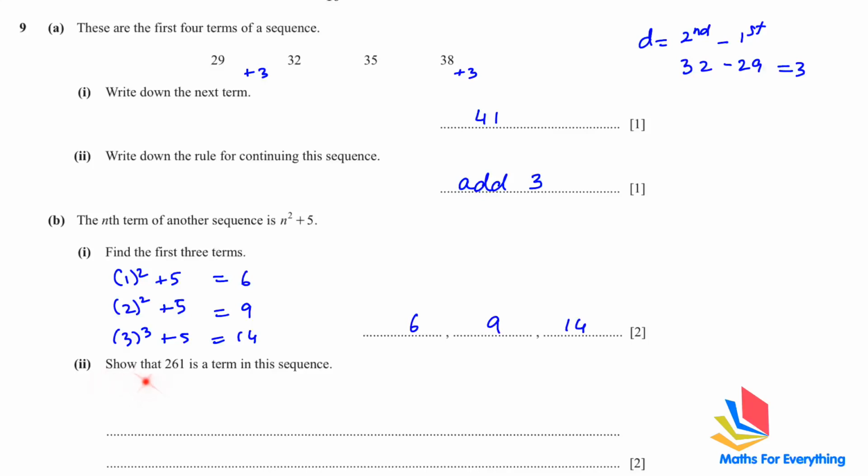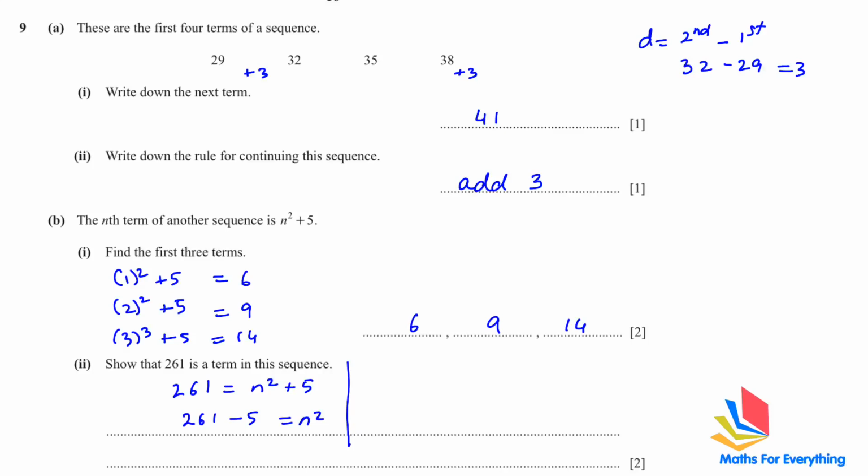In the second part, show that 261 is a term in this sequence. Make the equation equal to 261. So you have 261 minus 5 equals n squared.